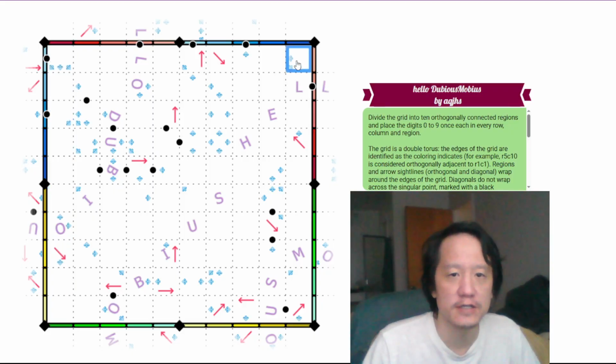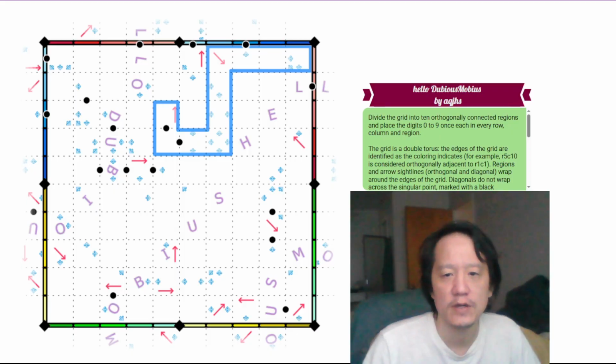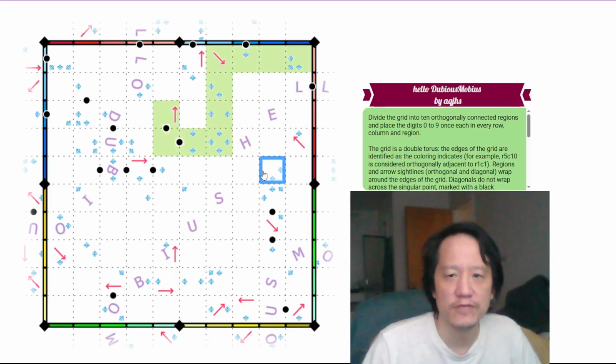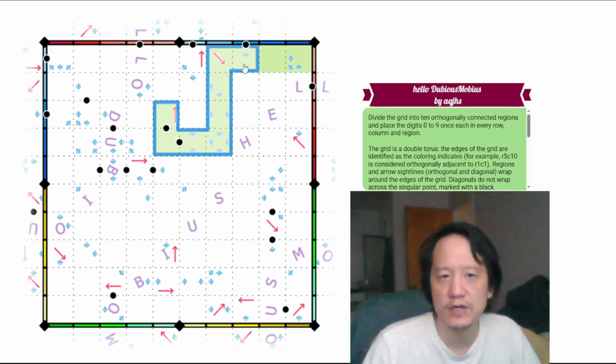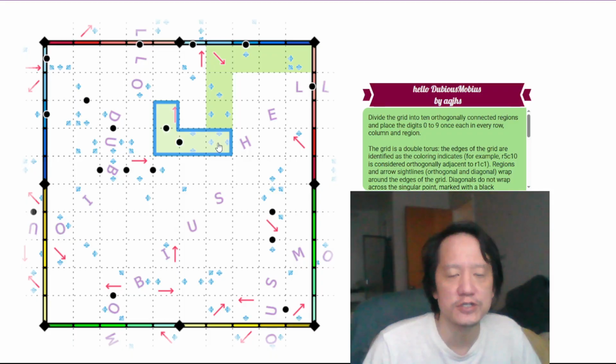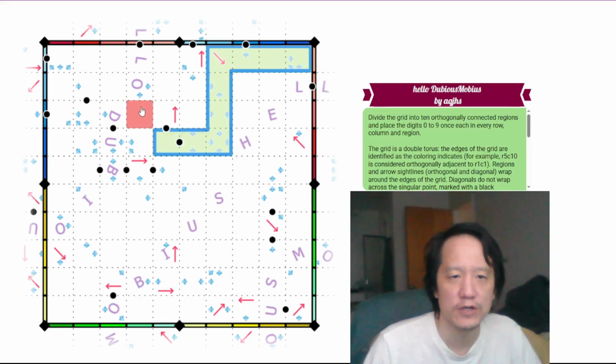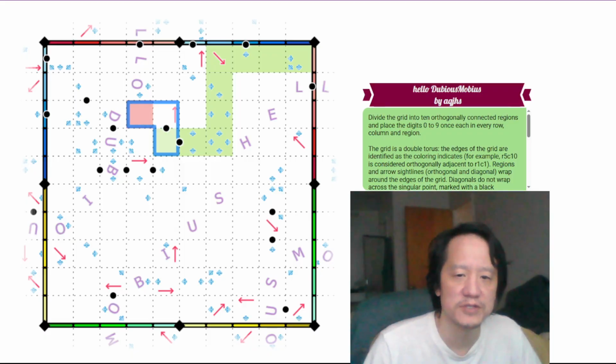And orthogonally connected regions, basically an example of that, 1, 2, 3, 4, 5, 6, 7, 8, 9, 10. This would be a valid example of an orthogonally connected region because you can go from any cell in this region to any other cell in this region just by going through edges while staying within that region. This, however, would not be orthogonally connected because to get from this cell to any other cell in the region, you would have to cross a corner or go outside the region.